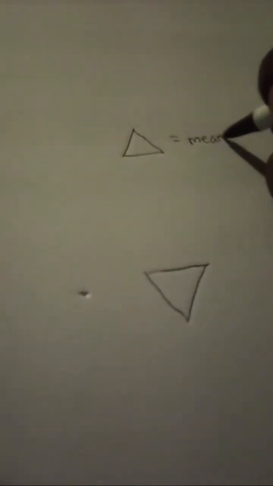Delta means denoting a new energy, right? So this is a delta, the triangle. Okay, let's flip this around. Triangle means delta.